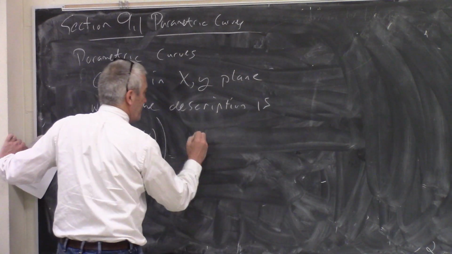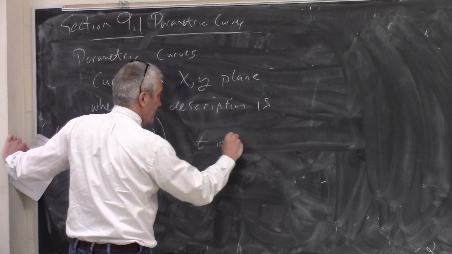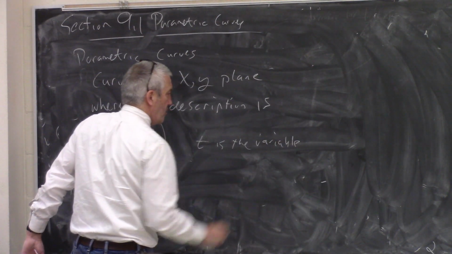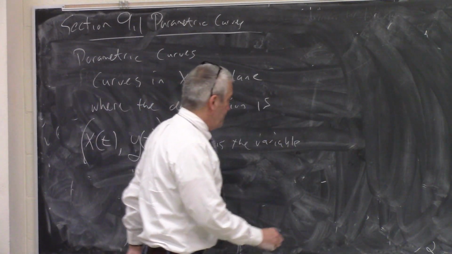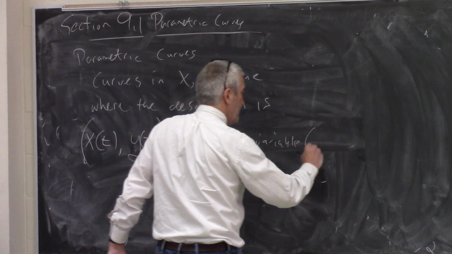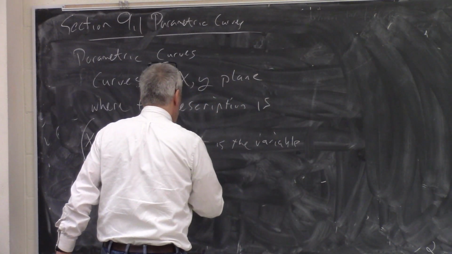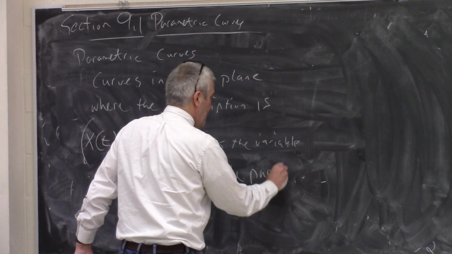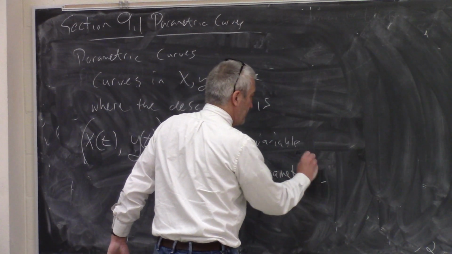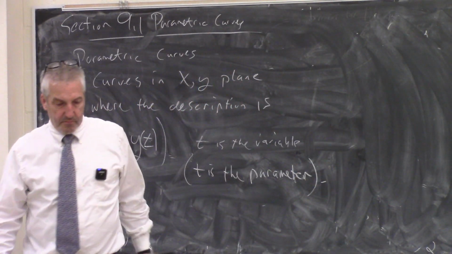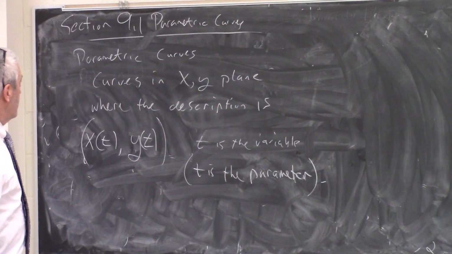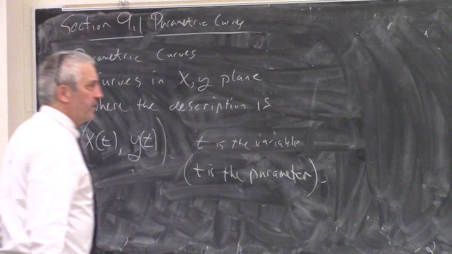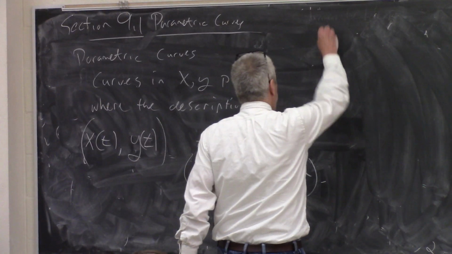So t is the variable, and we also use the word parameter, as in something that you can vary. I want to just do a bunch of examples today.